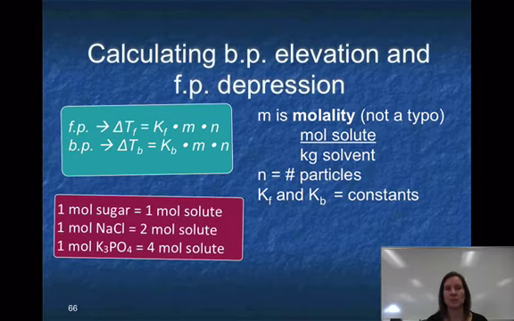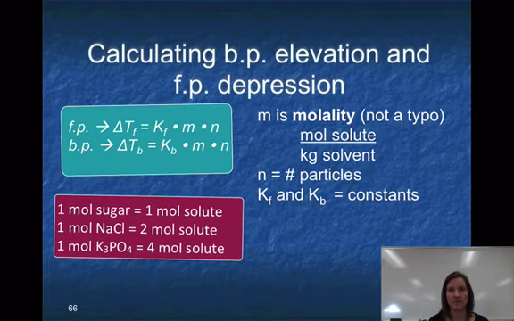But potassium will dissociate into 3 potassiums, which will affect your final concentration. So you're taking your molality and multiplying by the number of particles your solute will dissociate into to get your effective concentration.